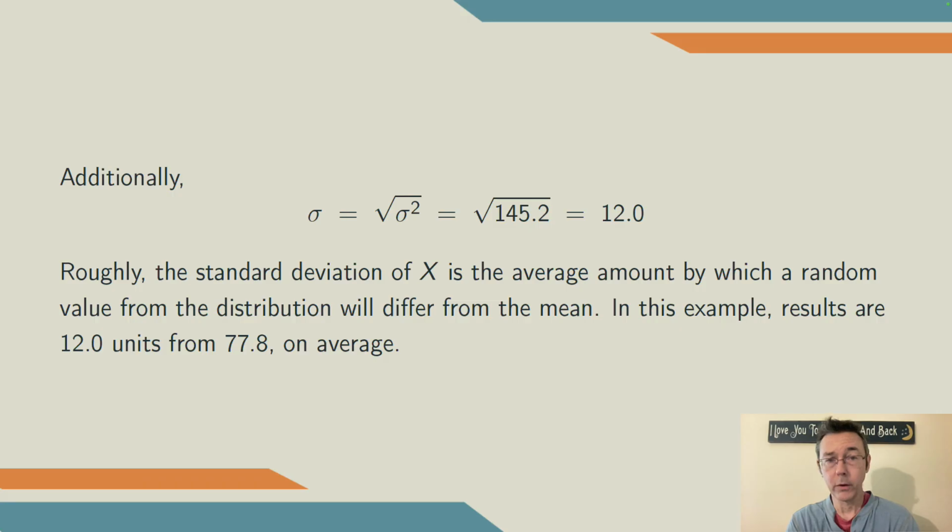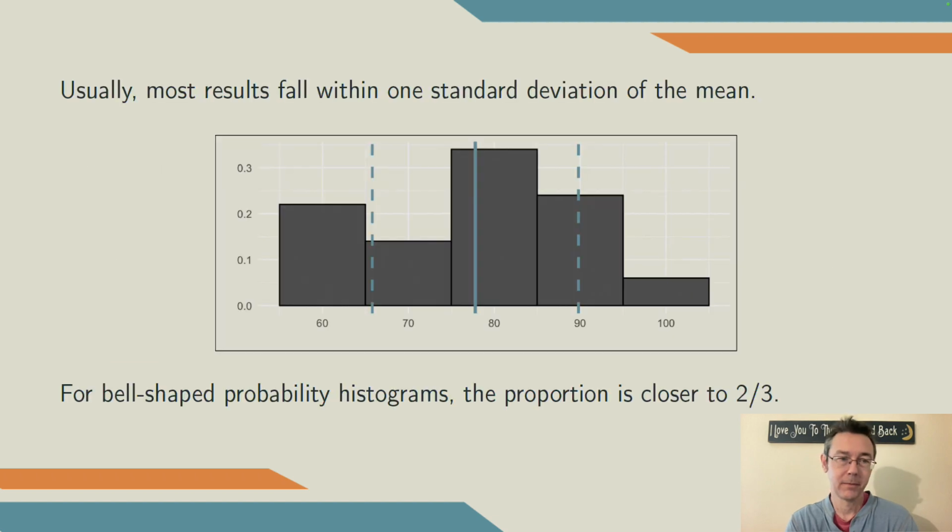We can also take the square root of that to get the standard deviation, which in this case ends up being about 12.0. Roughly speaking, the standard deviation of x is the average amount by which a random value from the distribution will differ from its mean. So in this example, on average, the results are going to be 77.8, and an average draw from this distribution will differ from that average by about 12 units.